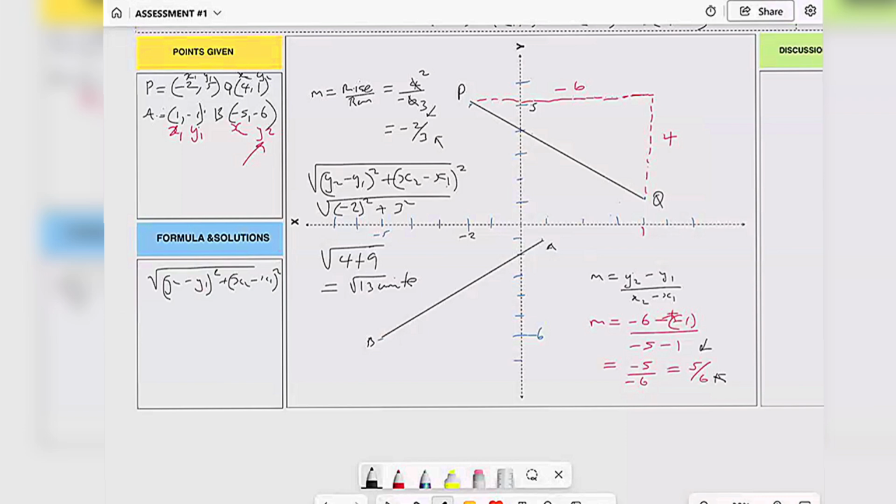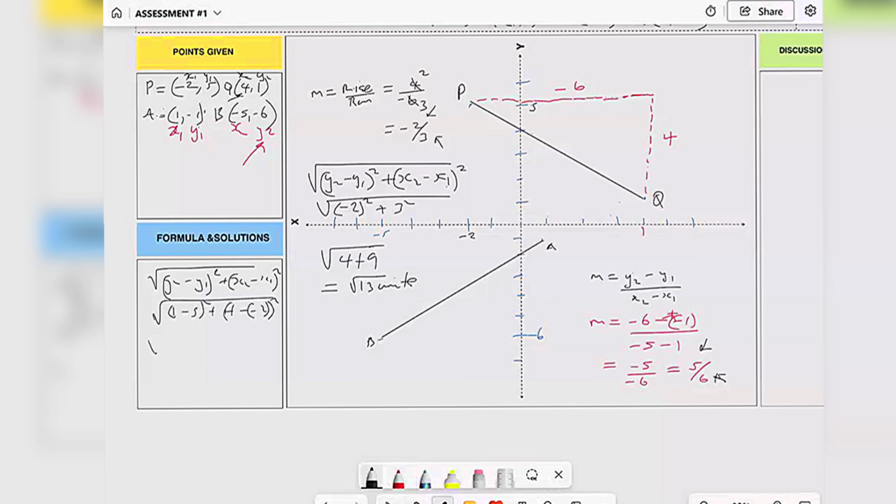So let's go. Y2 is 1. So that's the square root of 1 minus y1, which is 5, squared, plus x2 is 4, so 4 minus x1, which is -2, squared.